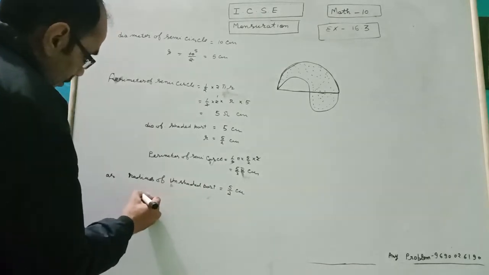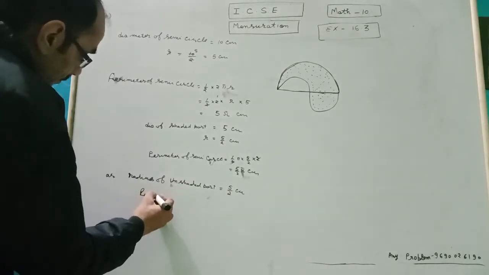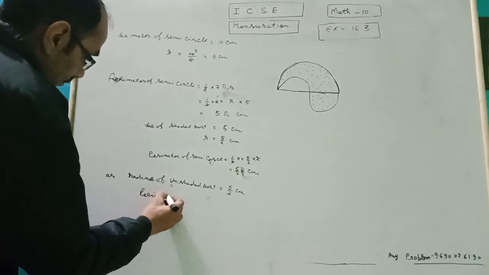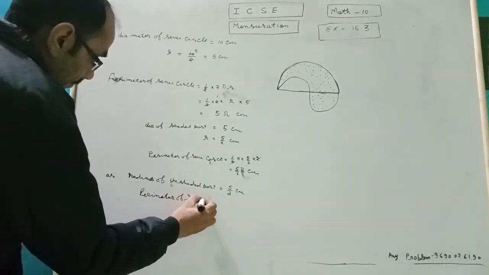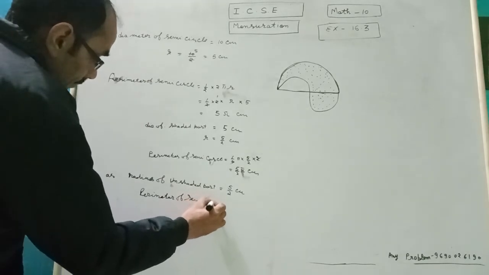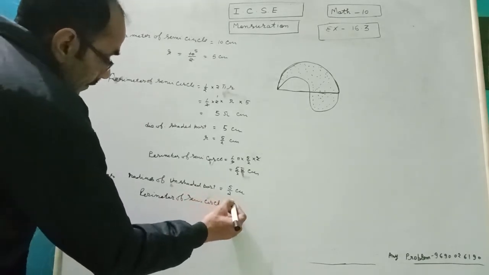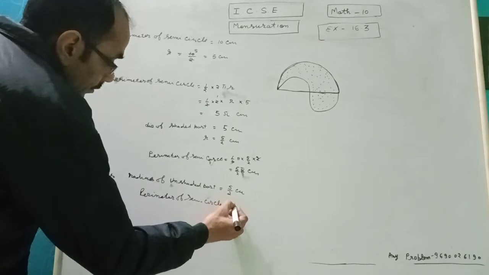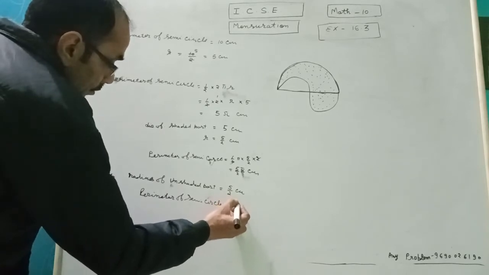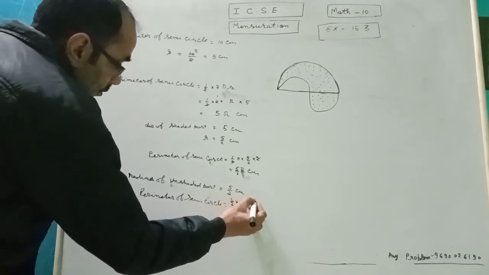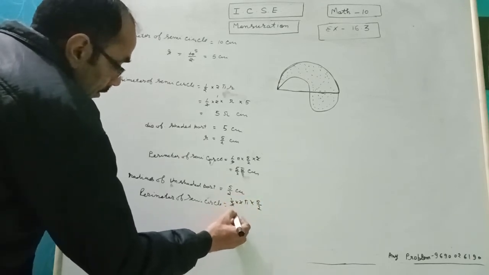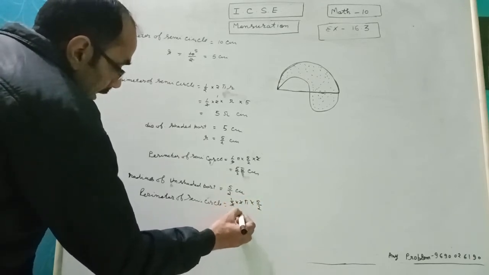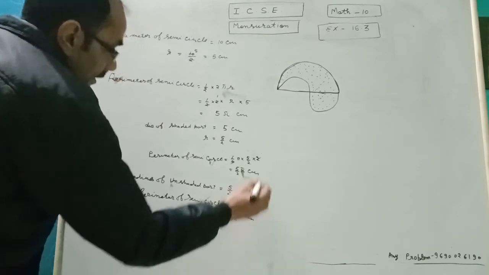So perimeter of the semicircle is 1 by 2 into 2 pi into 5 upon 2. 2 divided by 2, 5 upon 2 pi centimeter.